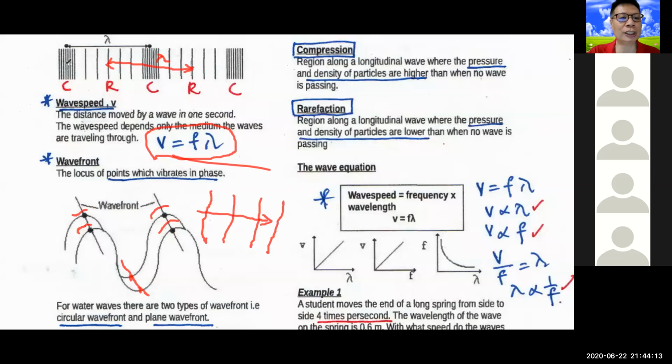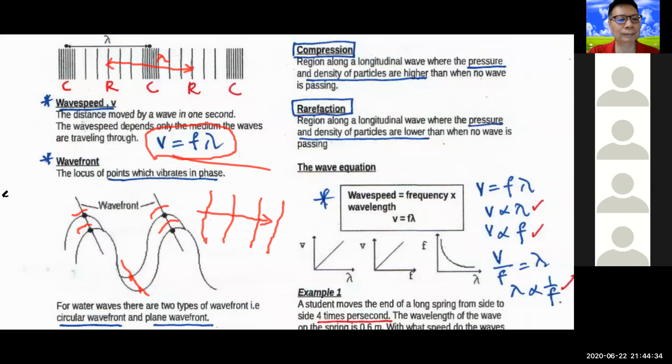So this is high pressure, high density. This is low pressure, low density region. So that explains compression and rarefaction already. Compression and rarefaction are only for longitudinal waves. Only this wave has compression and rarefaction. Transverse waves don't have them.